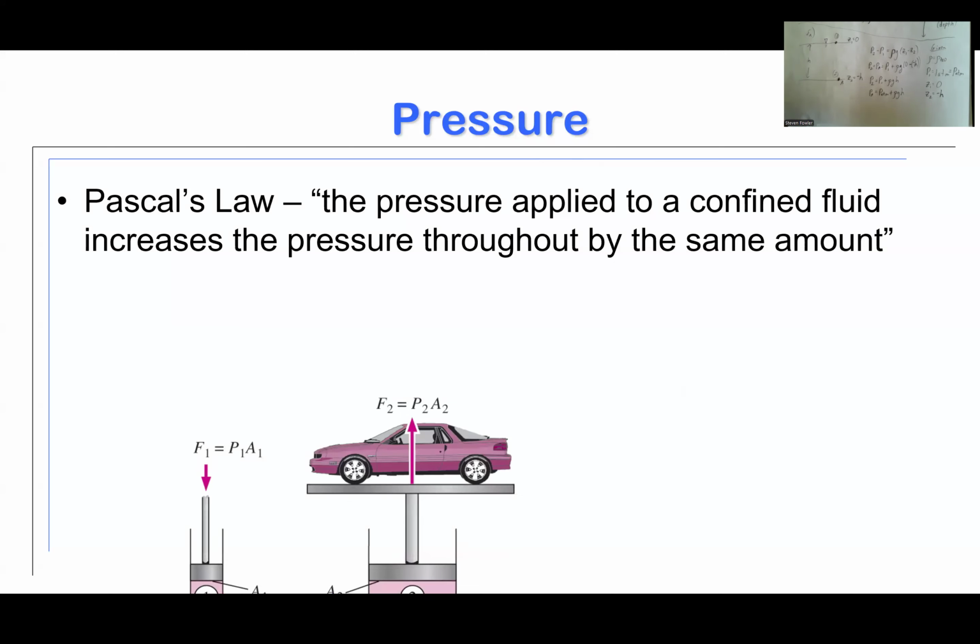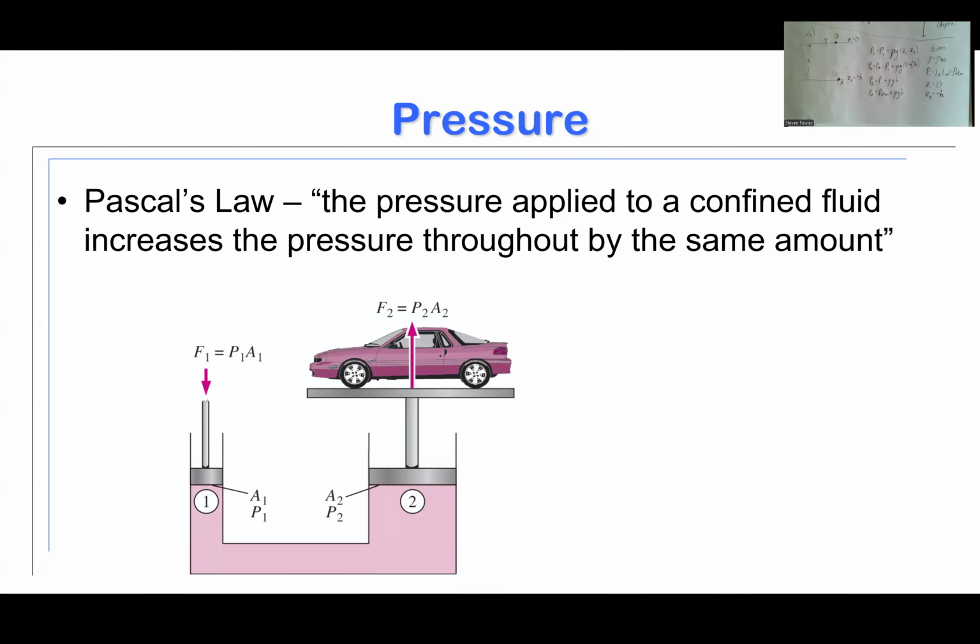So what that means is this is basically the concept of a hydraulic system or a bottle jack, for example. Let's say I apply a certain amount of force over a small area. That force is equal to pressure times area.